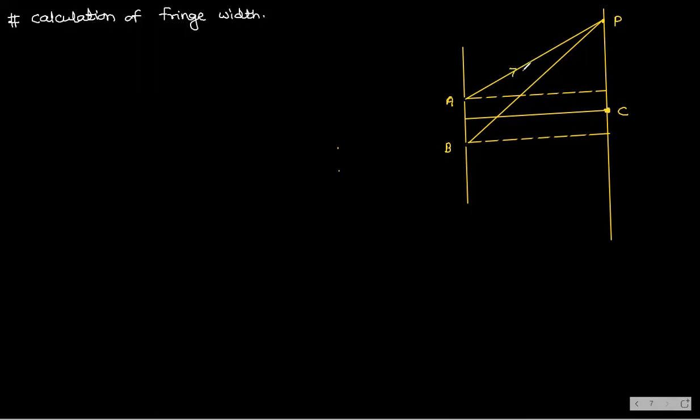Now, as we have seen in the previous diagram, this distance is D. First I am giving names to these points: this is Q, and this is R. This distance D is the distance between the slit and the screen.